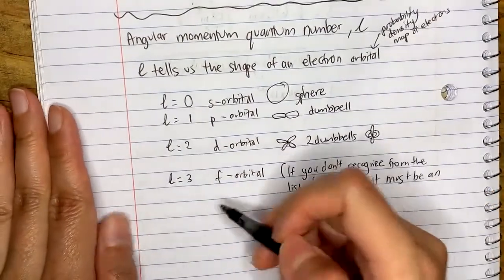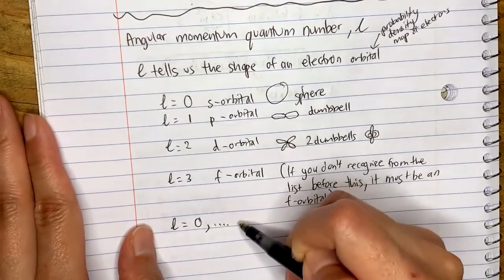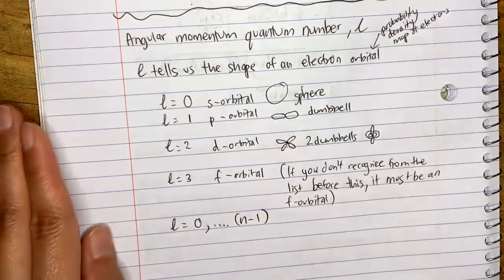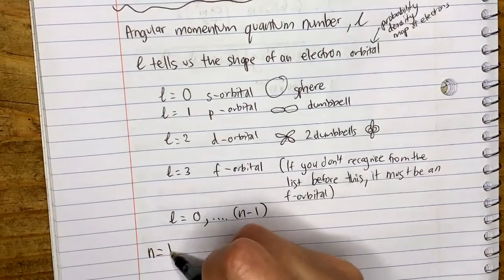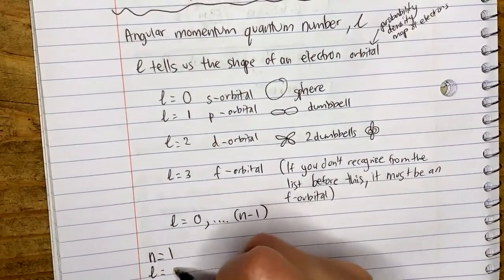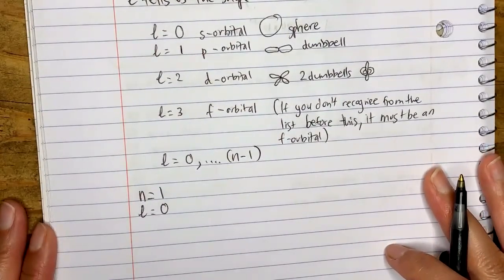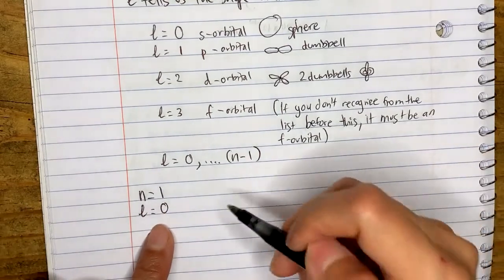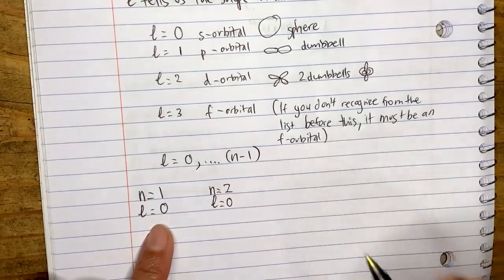And then what was the rule for L? L is limited: you can go from 0 all the way up to n minus 1, okay? So if I have n equals 1, my L can only be 0. My L cannot be 1 because n minus 1 is 0; 1 minus 1 is 0. And if I have n equals 2, my L can be 0, agree?